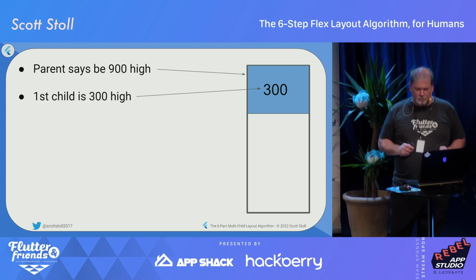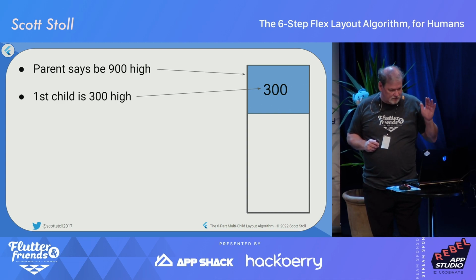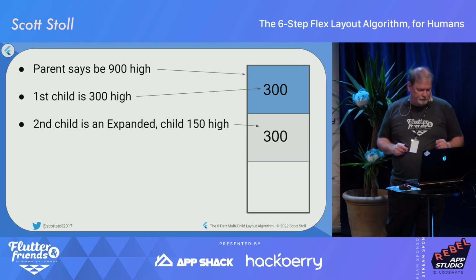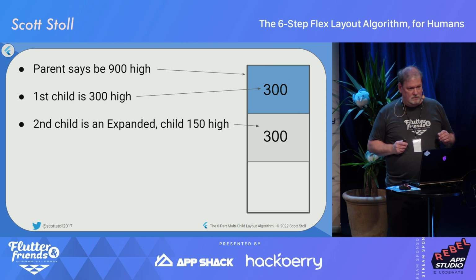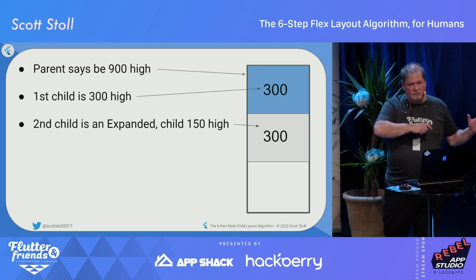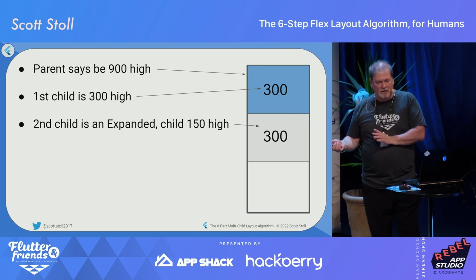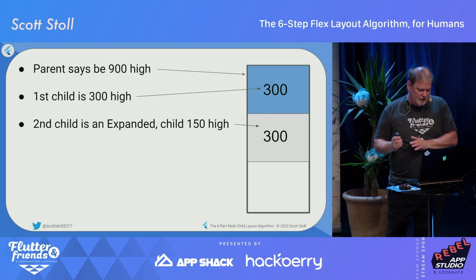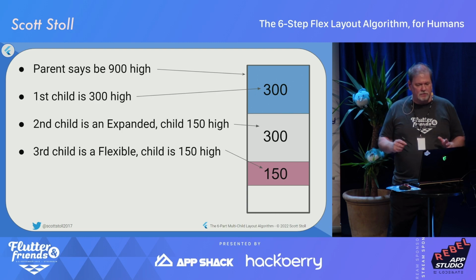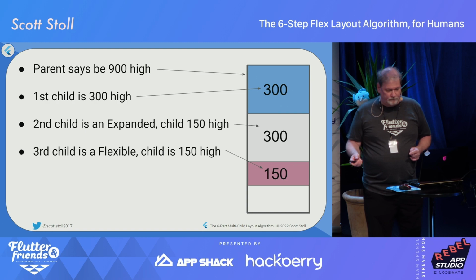This one is a set size. So the next one is an expanded. You have an expanded with a size box in it, and you have set the height of the size box to 150. Then we have another child, a flexible, also set to 150.